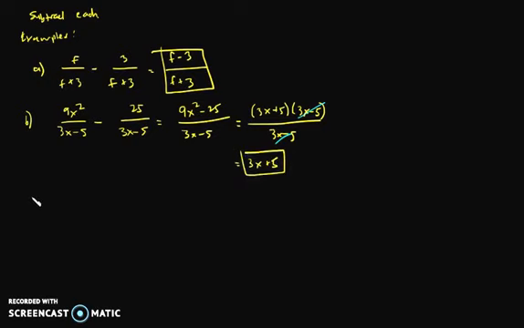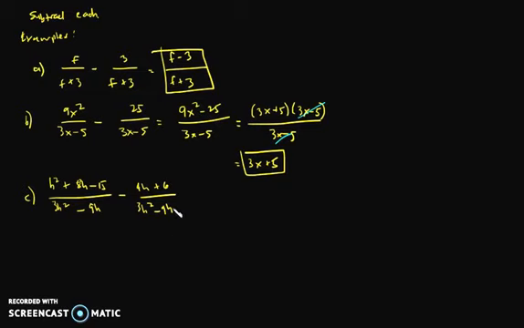For the next example, we have h squared plus 8h minus 15 over 3h squared minus 9h, minus 4h plus 6 all over 3h squared minus 9h.